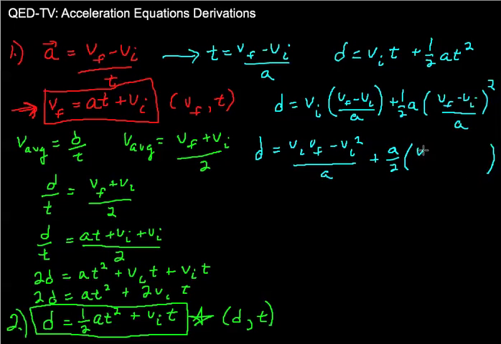So on the top we're going to get Vf squared minus 2 Vi Vf plus Vi squared.